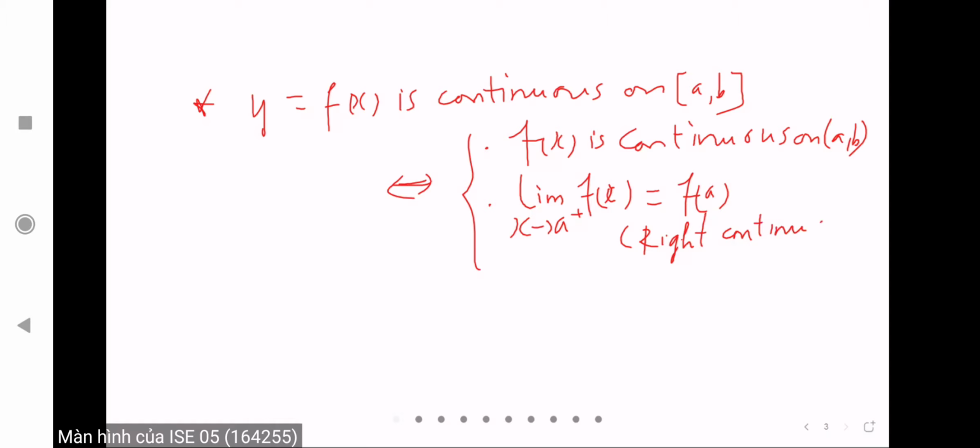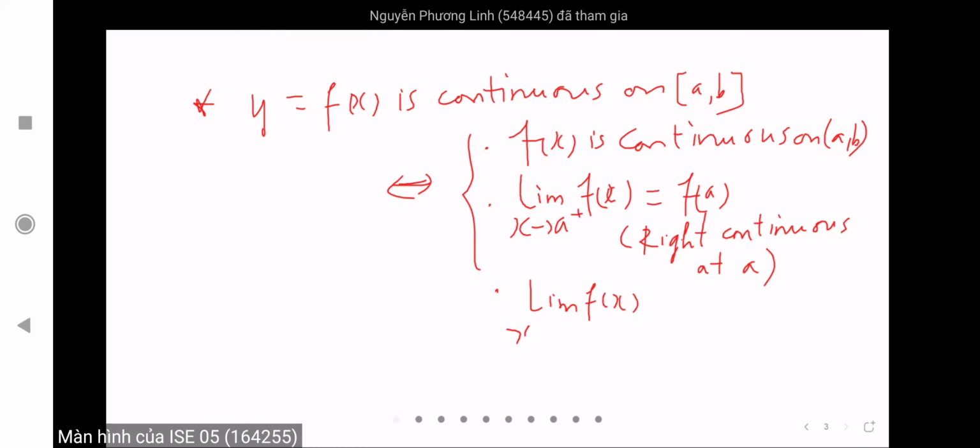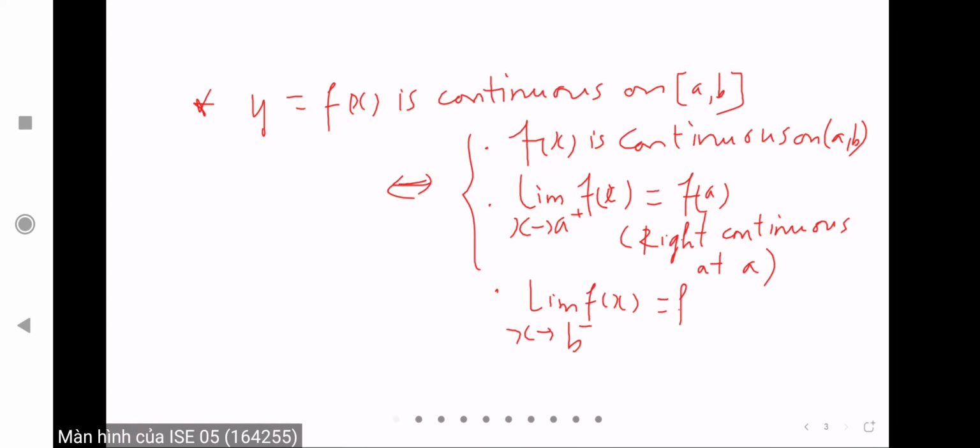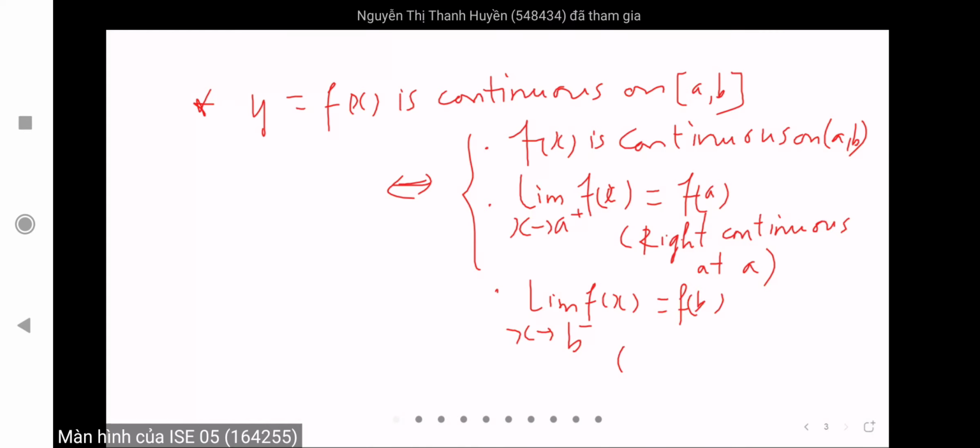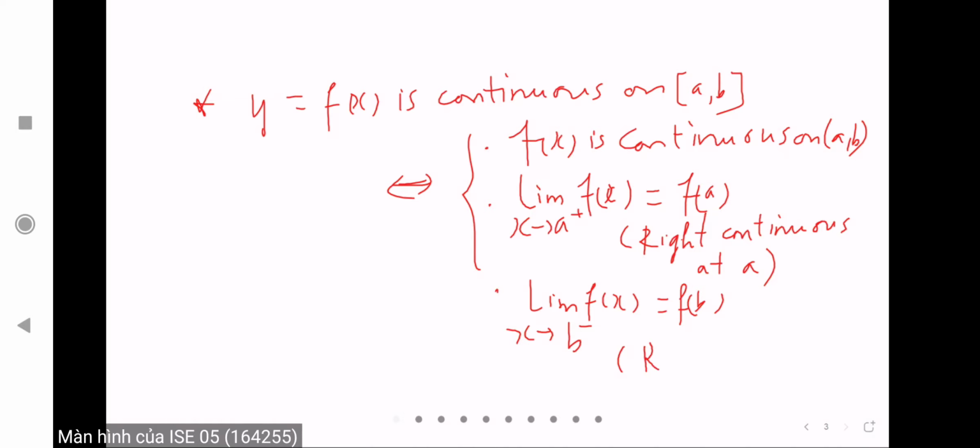Continuous, right? And when x tends to b minus, the limit equals f(b). Besides that, the given function is left continuous at b.